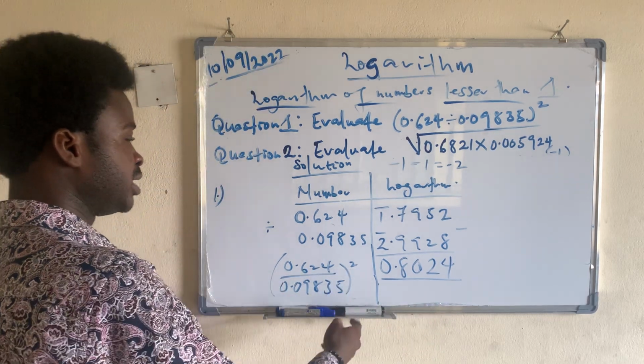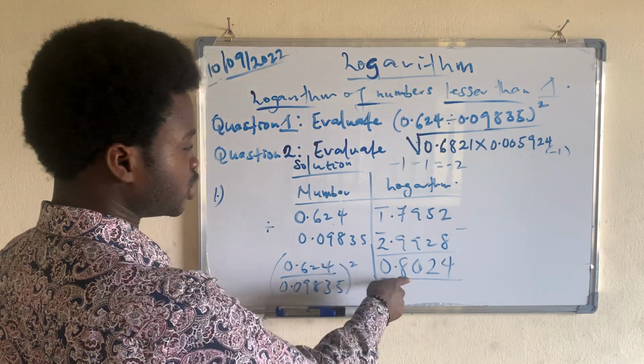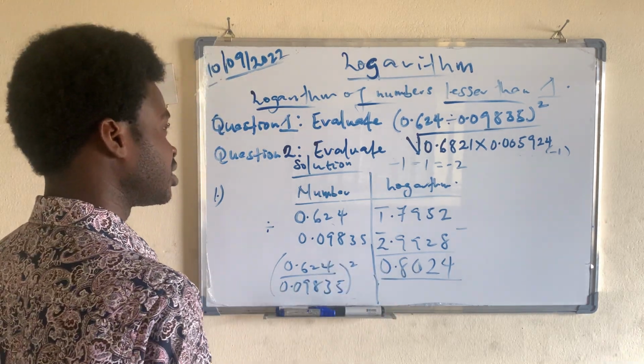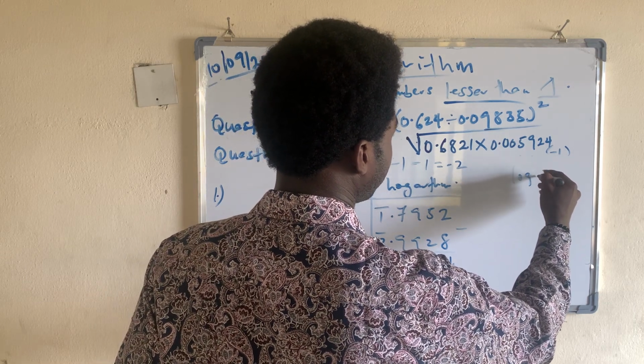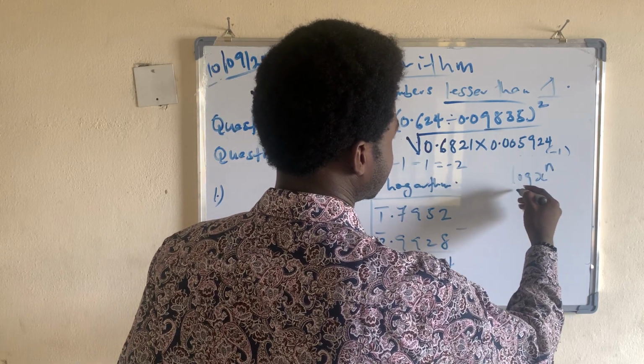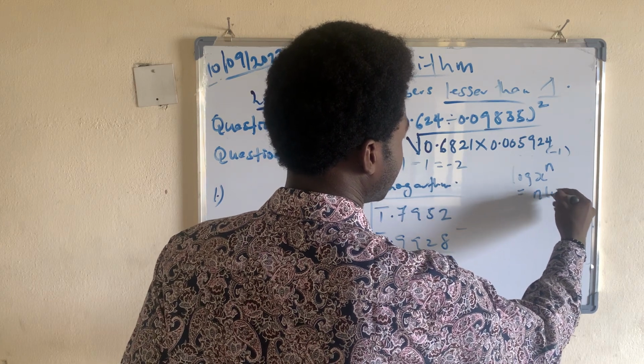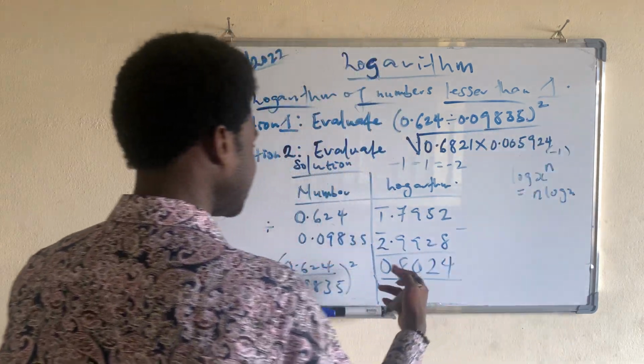So to the power of 2 means we will have to multiply by this. So according to the logarithm rule, if we have log of x to the power of n, it is simply the same thing as n log x. So we'll be multiplying this result by 2.